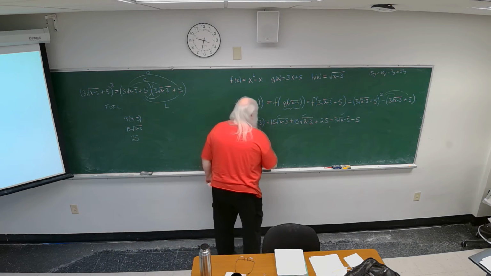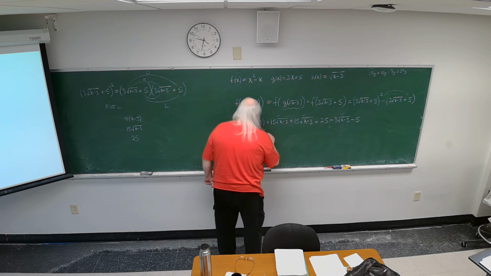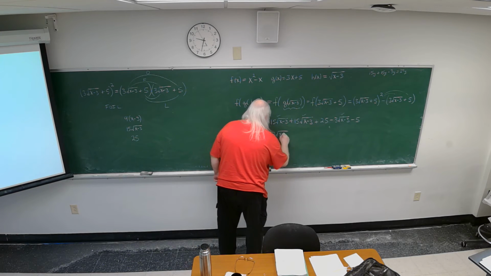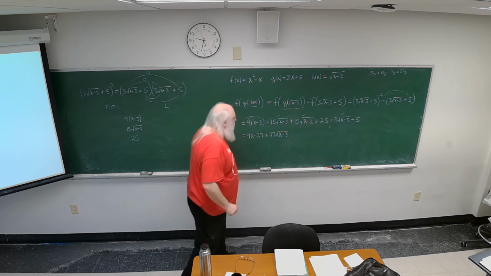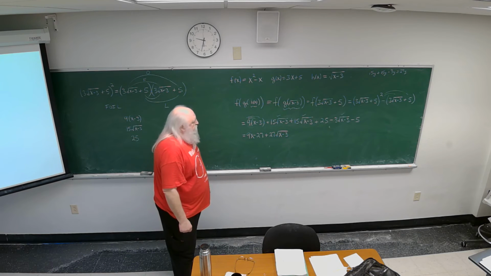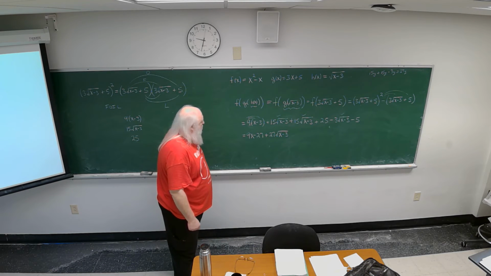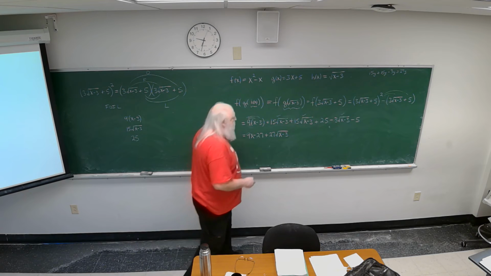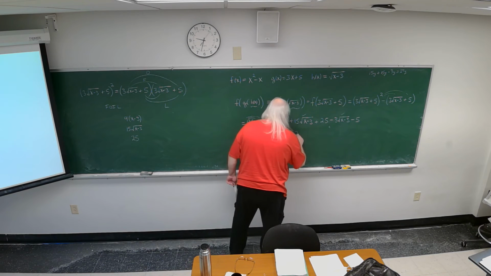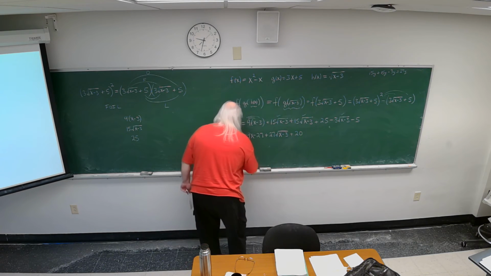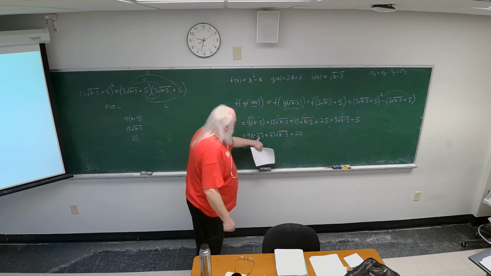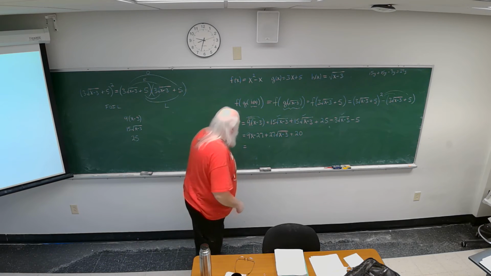So this is equal to plus 27 times the square root of x minus 3. And then 25 minus 5 is 20. And then lastly, minus 27 plus 20 is minus 7.